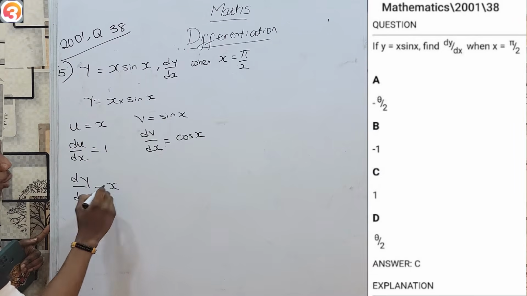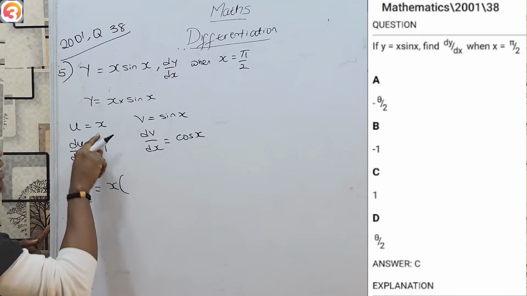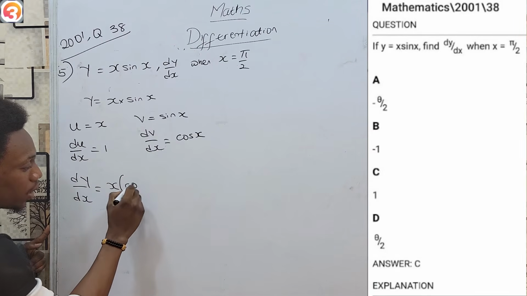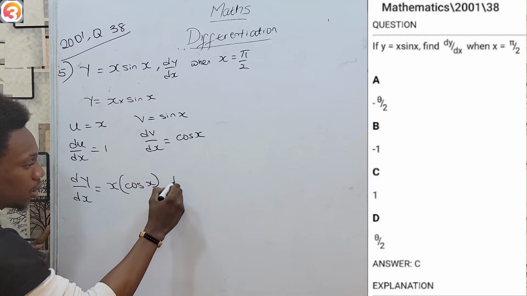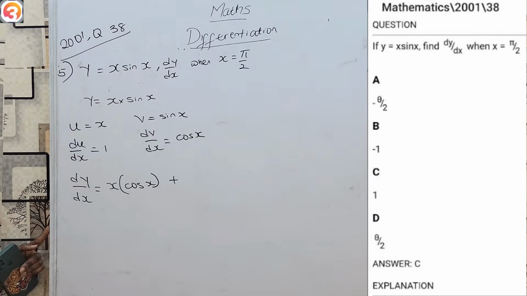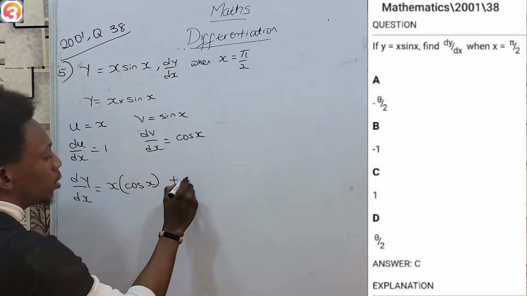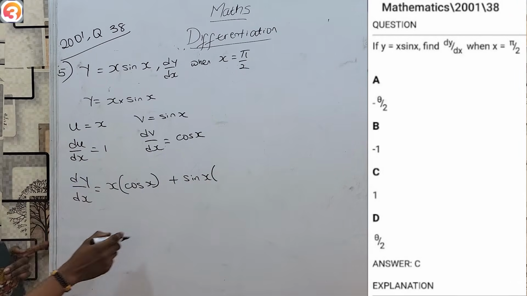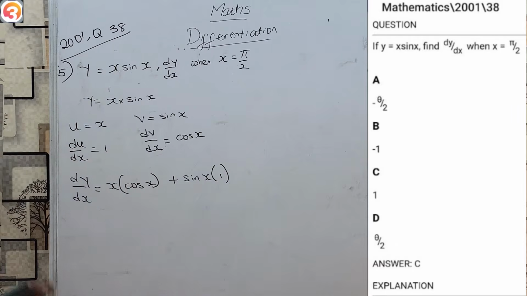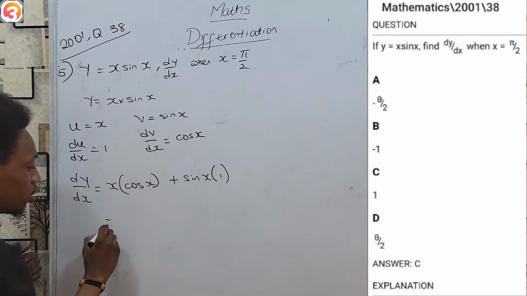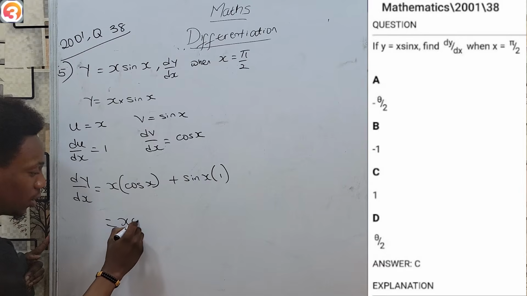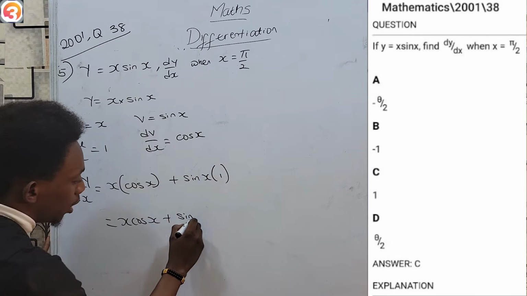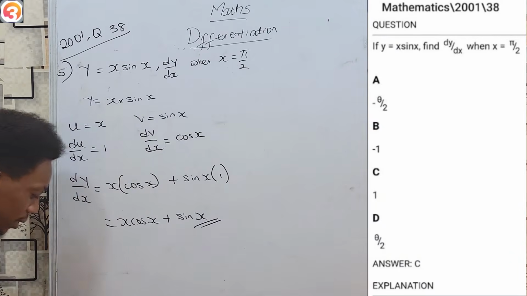So u stays the way it was, x, multiplied by dv dx, which we've gotten as cos x, plus I pick my next variable, which was v, sine x, multiplied by du dx, which was 1. And as a result, x times cos x is x cos x. Sine x times 1 remains sine x.